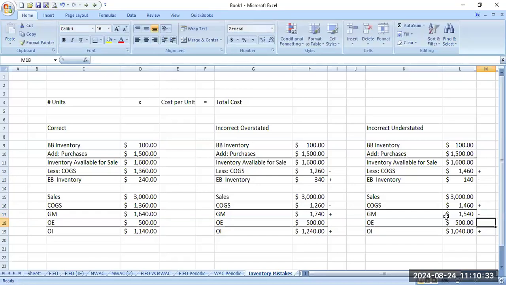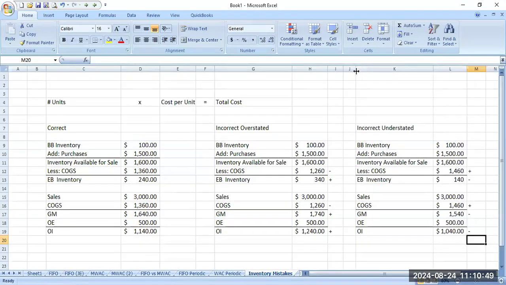When the gross margin is understated, operating expense is not going to be affected, but operating income will also be understated. So you can see how the effect is different on different things based on one simple mistake, understating or overstating the ending inventory.